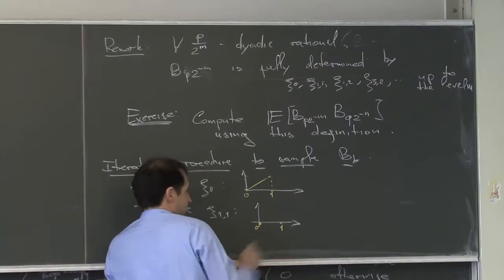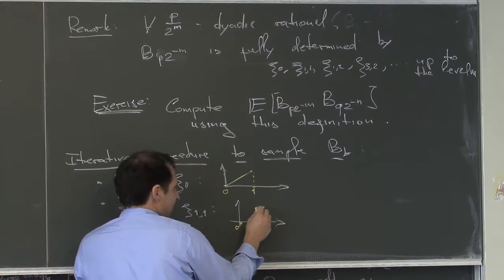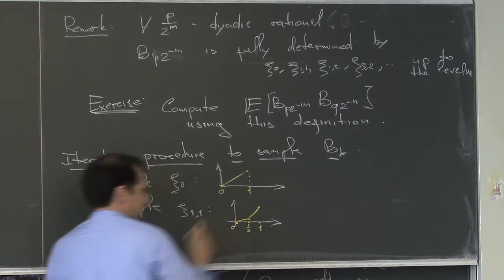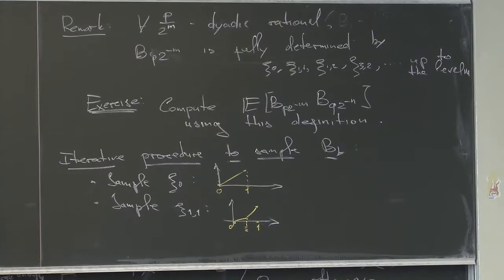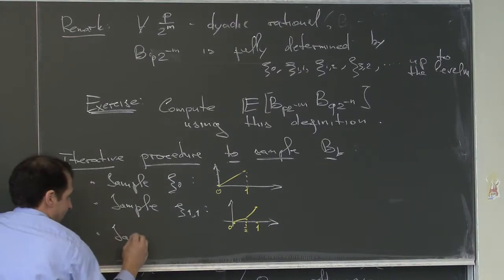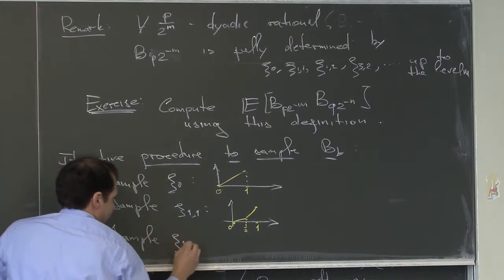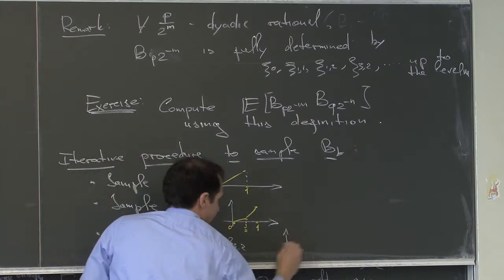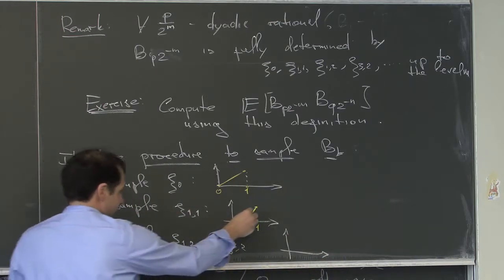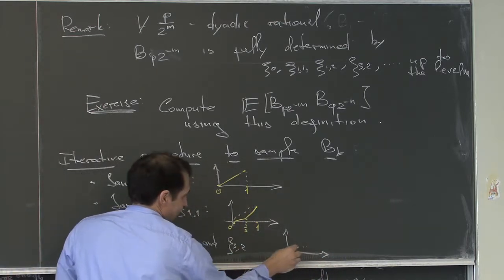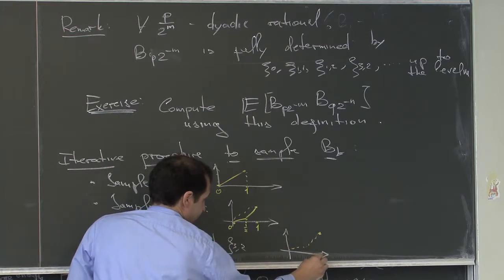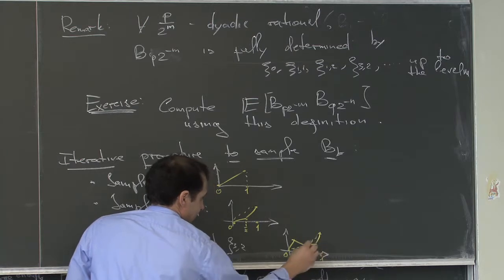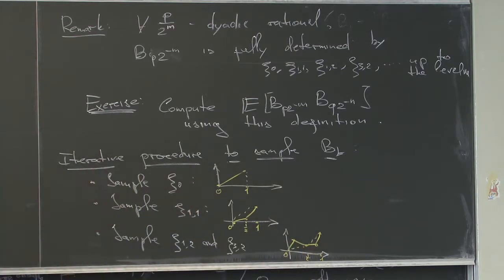This is exactly the same value and some other value here. Then you sample the next level, and what you have is something that's consistent with the previous step again. Something like here, etc.